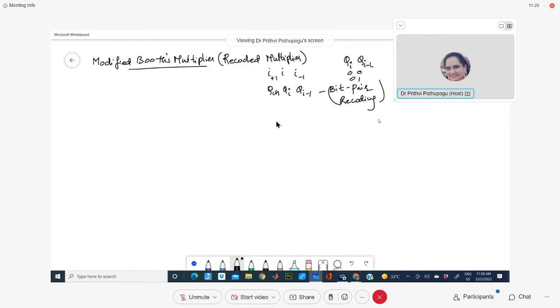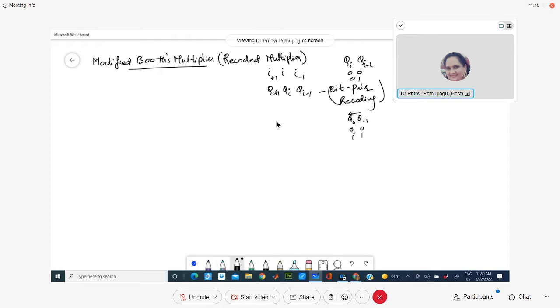Something like a transition, a bit from the previous stage to the present stage. If you consider a transition from this direction, 0 to 0 or 1 to 1, that means 2 bits we are trying to take.